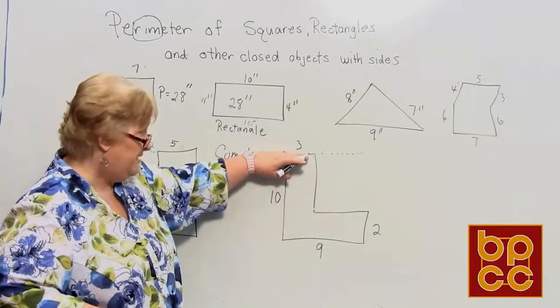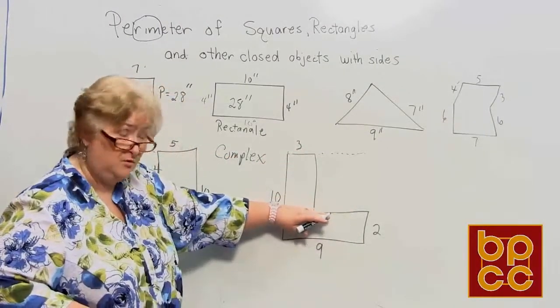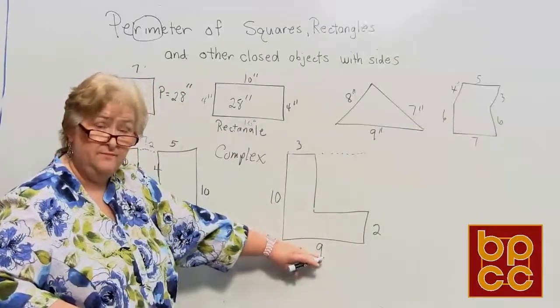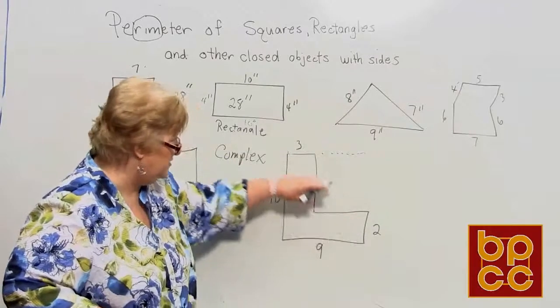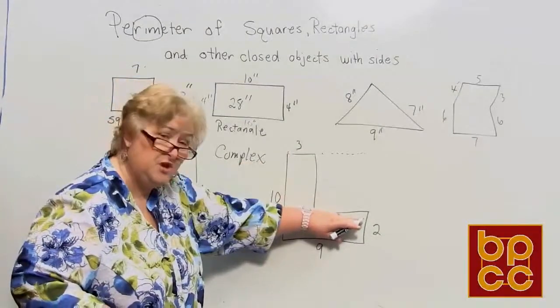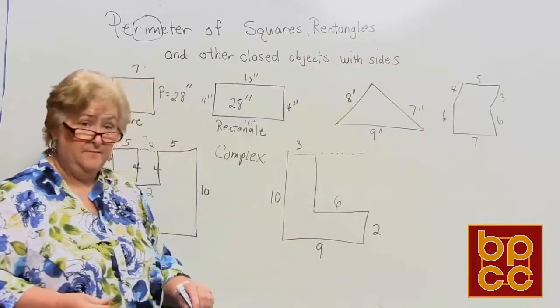So I already have 3 in place. 3 and how many more for this horizontal will make the total of 9? Can you figure that one out? 3 and how many more? There's horizontal 3 plus horizontal 6, that's right, will make 9.